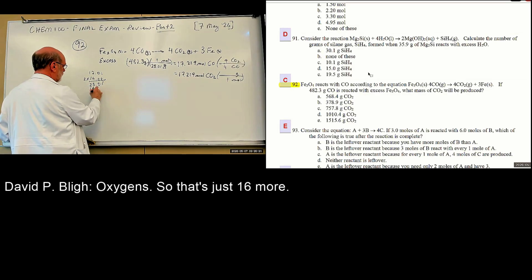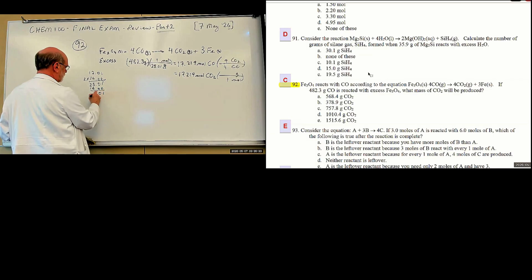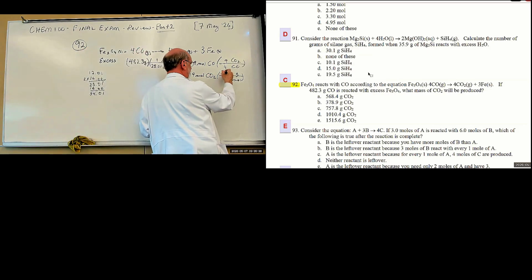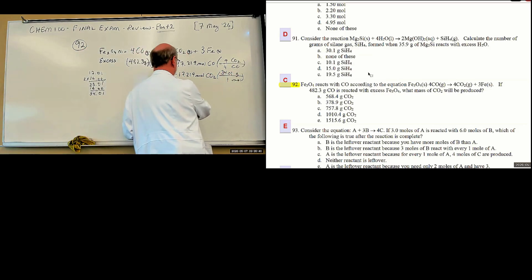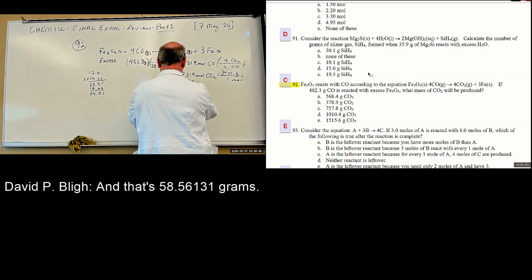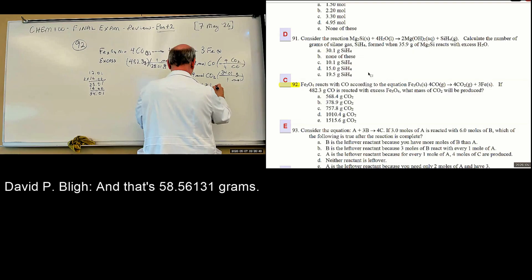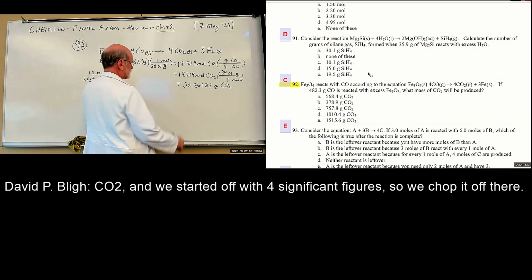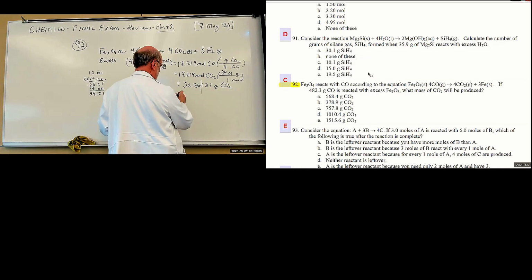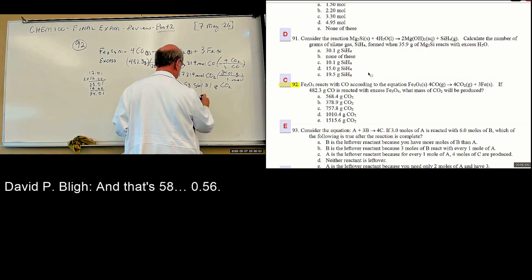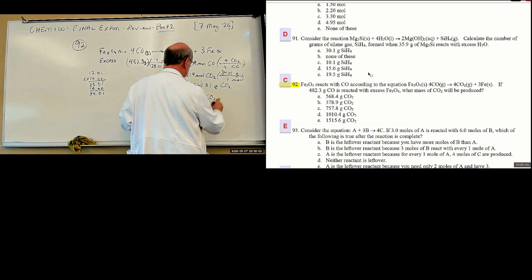So that's just 16 more, 34.01. And that's 58.56131 grams of CO2. And we started off with 4 significant figures, so we chop it off there. And that's 58.56 grams of CO2.